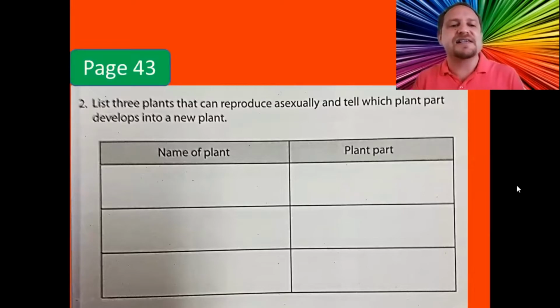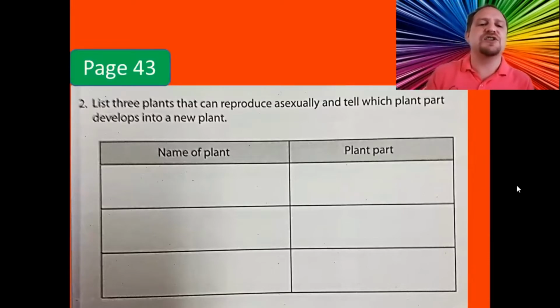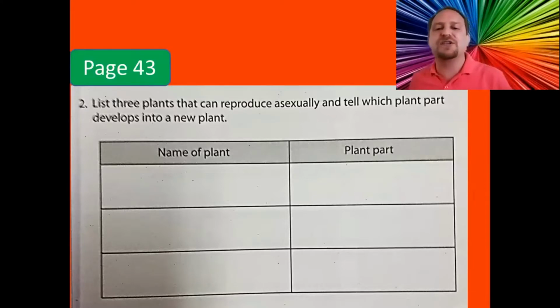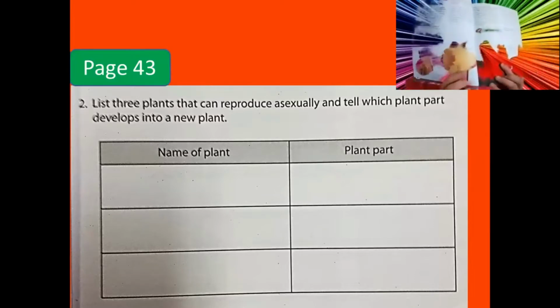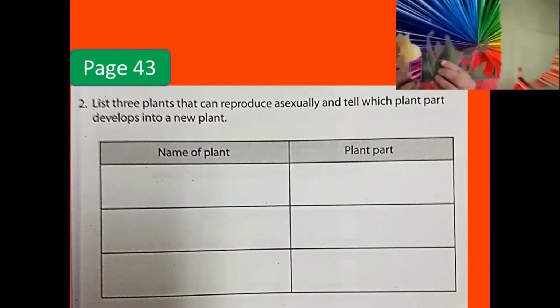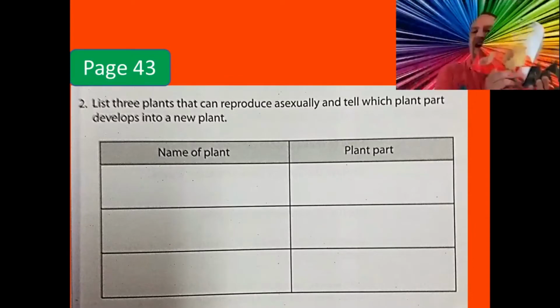I think this is the same page. Question 2, it says list 3 plants that can reproduce asexually and tell which plant develops into a new plant. Okay, that was a mouthful, wasn't it? But guys, if we go to page 43 in the textbook, okay, you might be able to see a little bit with this funky background, okay?